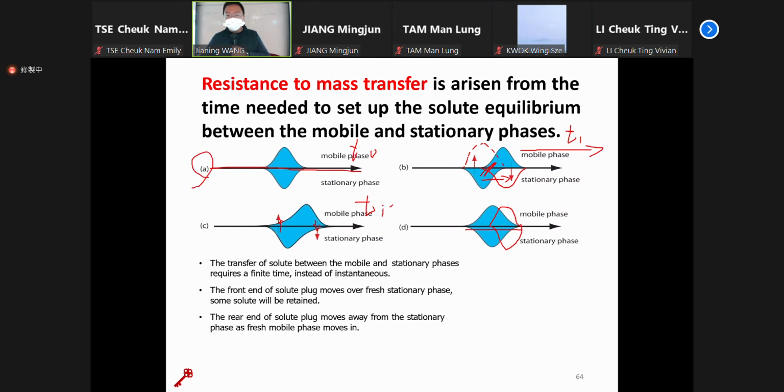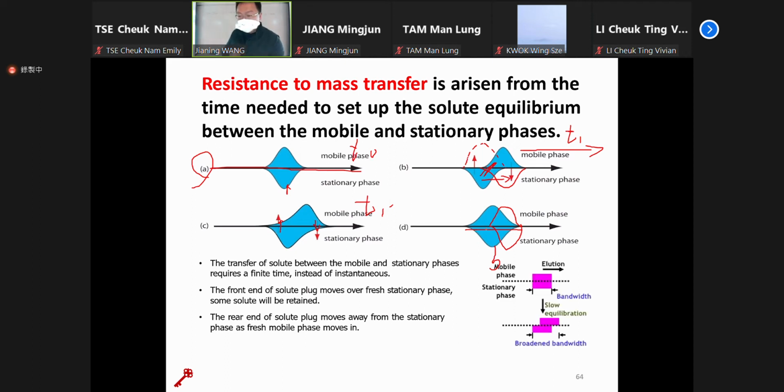They just move from position A to position B. But there is some delayed non-equilibrium process, so the peak width becomes a little bit broader. Here is another chart.